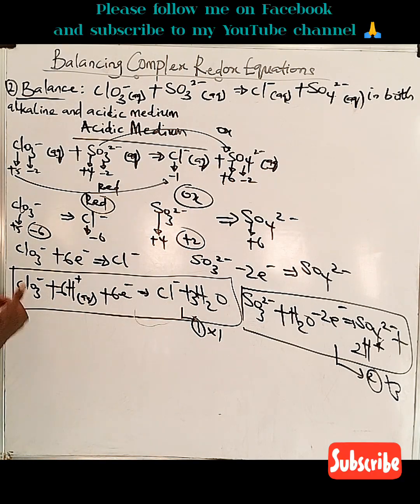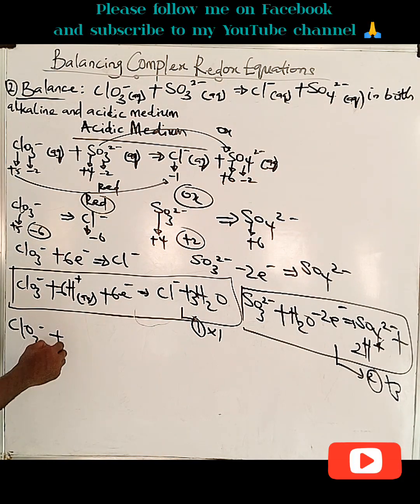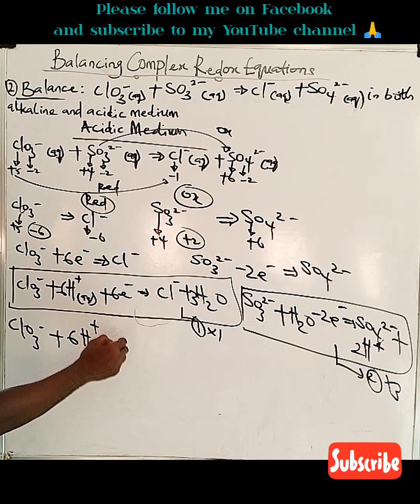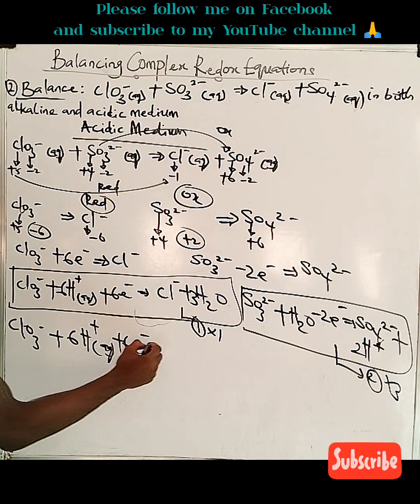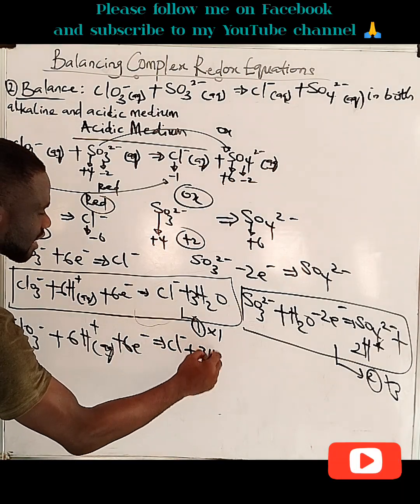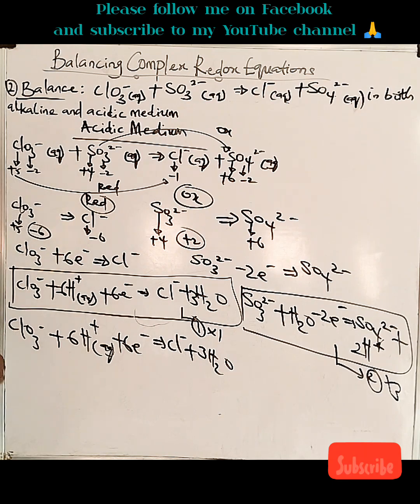So we're going to use 1 to multiply all this. So 1 times all this will give us ClO3 minus plus 6 hydrogen aqueous, then plus 6 electrons. That gives us Cl minus, that's 3, then 3H2O. Cl minus, that's aqueous there, plus 3H2O. So we're done with that.